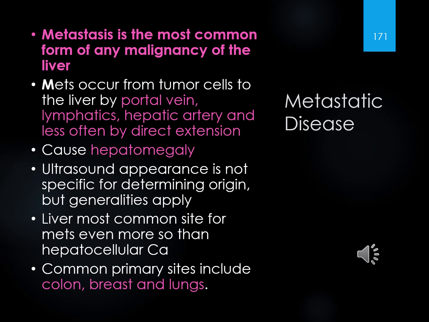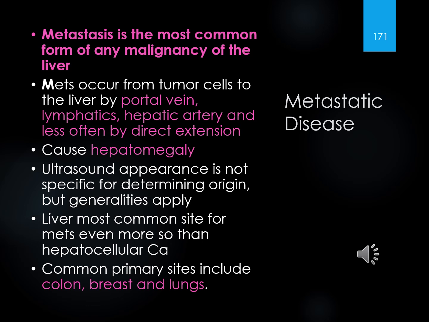I'm not really sure that there's any other ways to get to the liver. They cause hepatomegaly. Ultrasound appearance is not specific for determining origin, but generalities apply, and you'll need to know them. Liver is the most common site for Mets, even more so than hepatocellular carcinoma.